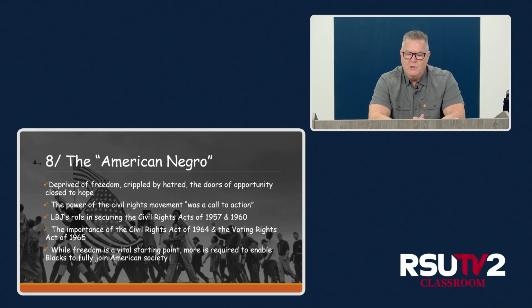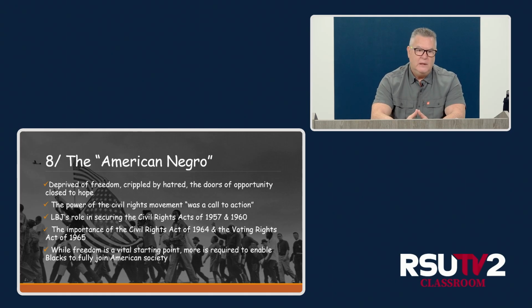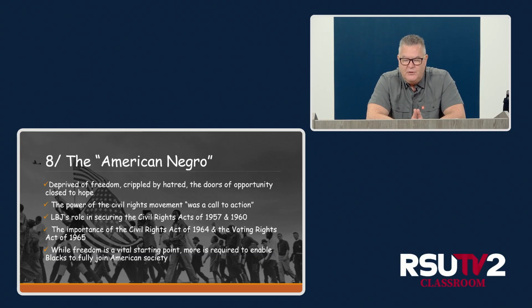And LBJ played a really significant role in securing passage of the Civil Rights Act of 1957 and 1960. He had served in the Senate in that period, and ultimately, as president, was instrumental in getting the two most important civil rights bills of the civil rights period, the Civil Rights Act of 1964 and the Voting Rights Act of 1965, passed.